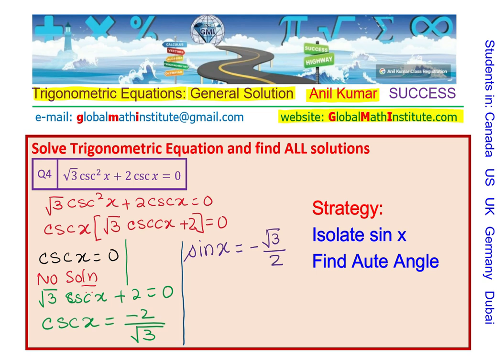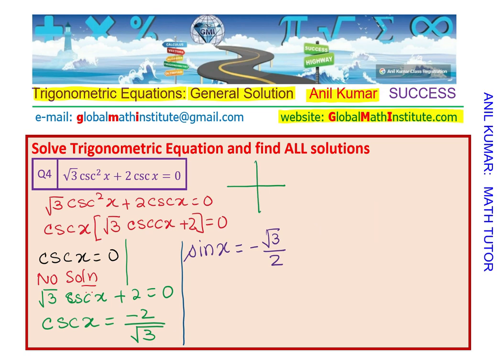So now we have to provide general solution for x when sine x is square root of 3 by 2 negative. Negative really means that we are working in quadrant 3 and 4. So we have solutions and these solutions are in quadrant 3 and in quadrant 4.